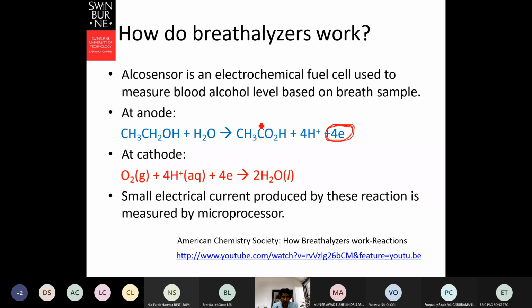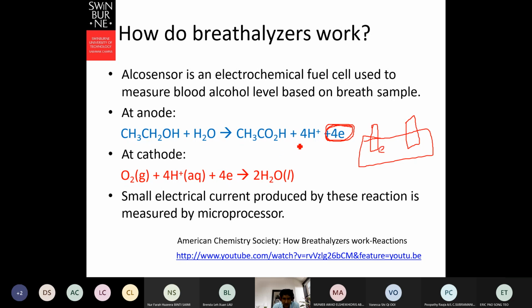So oxidation is happening at the anode, and electrons are being produced. And at the cathode, let's say this is an anode and this is a cathode, right? So when we take the breath, the alcohol is present in our breath.